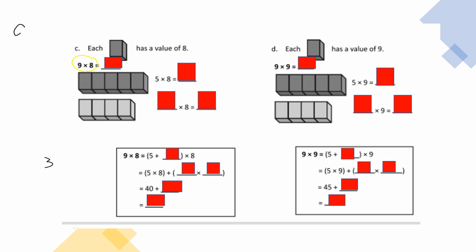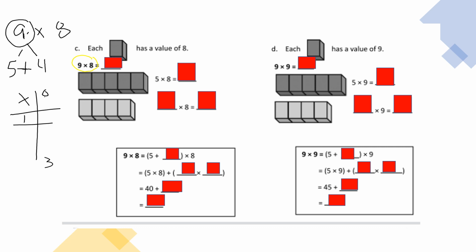Again, let's go ahead and write our equation here and use a number bond to break apart our 9 into 5 plus 4. So that means that the two equations that live inside of 9 times 8 are 5 times 8 plus 4 times 8. Now we can go ahead and create a quick 8 ratio table. You only have to go to 5.